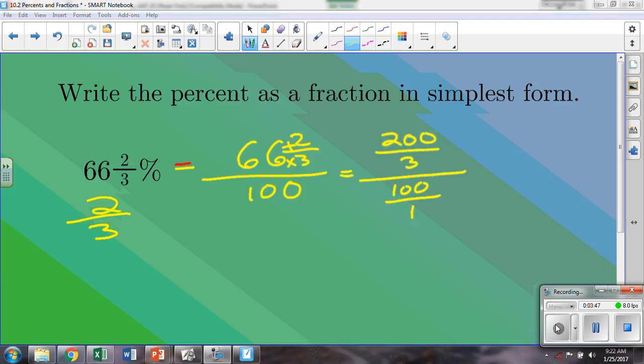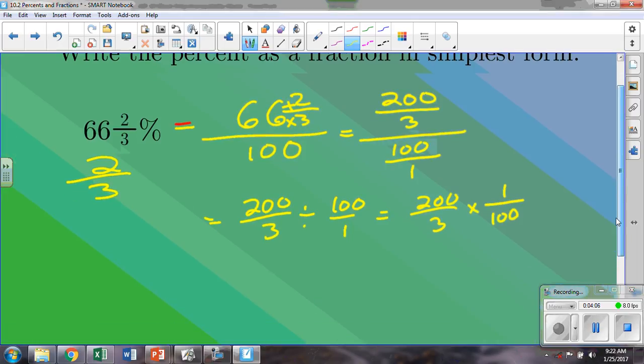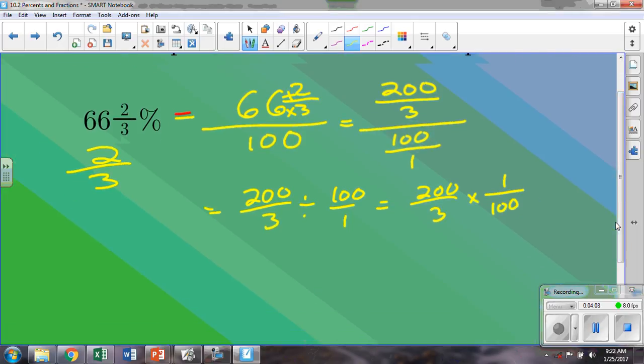That could be put over 1. And since we are then looking at 200 over 3 divided by 100 over 1, we know that can be rewritten as 200 over 3 multiplied by its reciprocal, 1 over 100, and then multiplying straight across our numerator, straight across the denominator. 200 times 1 equals 200. 3 times 100 for the denominator is 300.